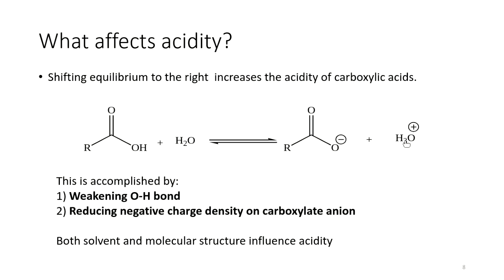And so if there's something that weakens this OH bond, because this oxygen-hydrogen bond has to break in order for the proton to be released, any factor that weakens the OH bond is going to enhance acidity. And then anything that reduces the negative charge on our carboxylate anion is also going to increase acidity.